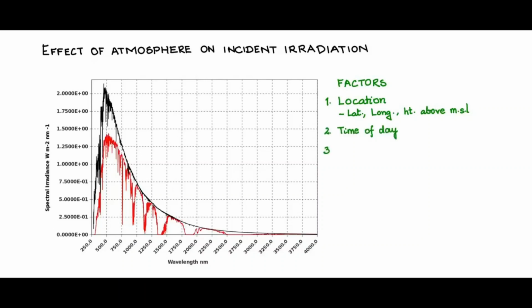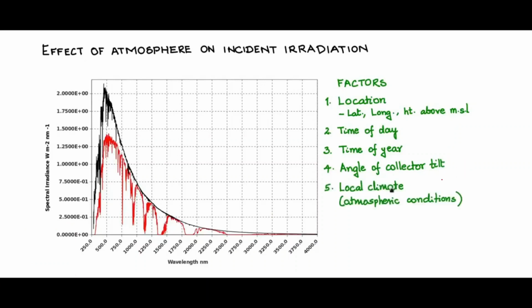The second is time of the day. How many hours of the day are available at that particular location, and the time of the year, and how many days in a year are getting much energy from the sun. Then angle of collector tilt: how much angle our solar panel should be tilted to get maximum solar radiation. That is beta here, our collector tilt.